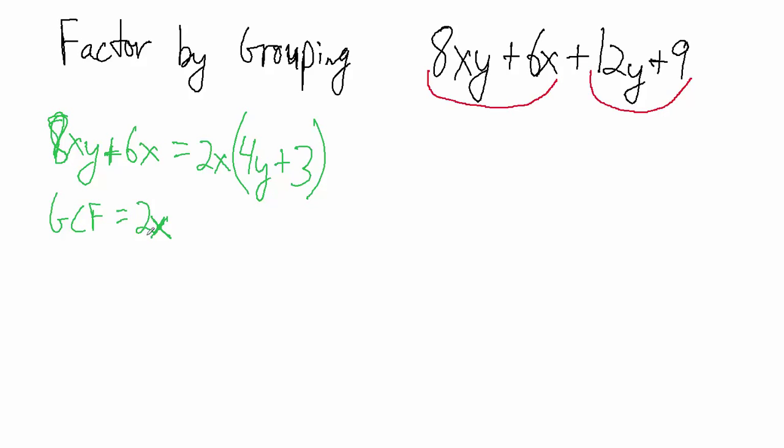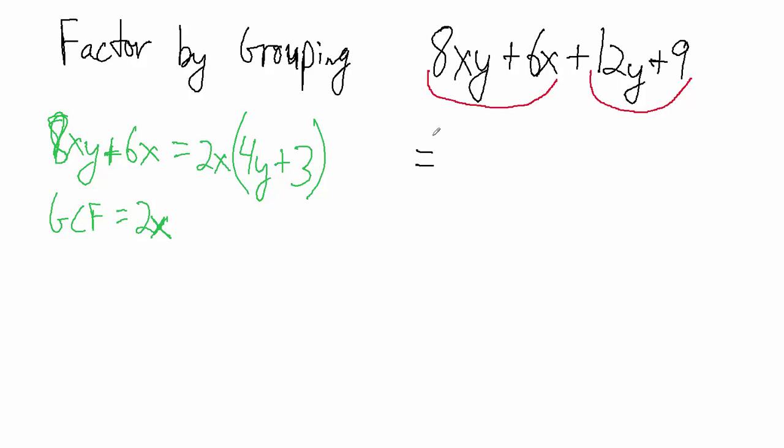Okay, so again, the greatest common factor of 8xy plus 6x, of these two terms here, is 2x, and we can use the techniques that we've talked about before to find that, and then we can use techniques that we talked about in the previous section to see what happens when we divide. Okay, so here what we have, so far what we have up here, 8xy plus 6x plus 12y plus 9.